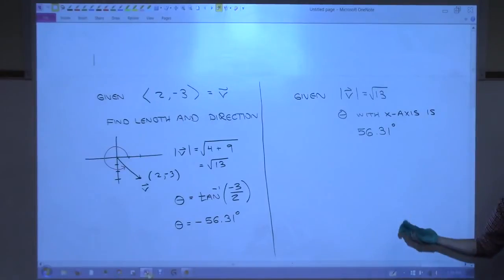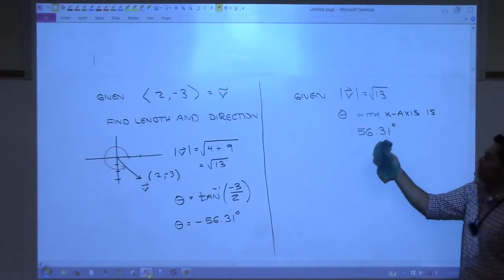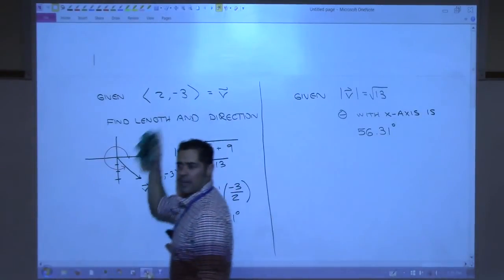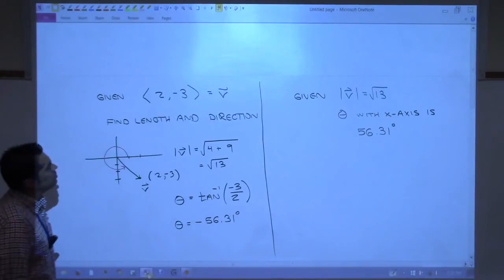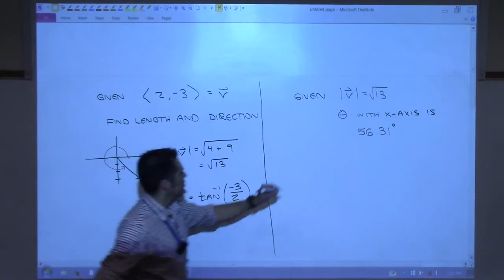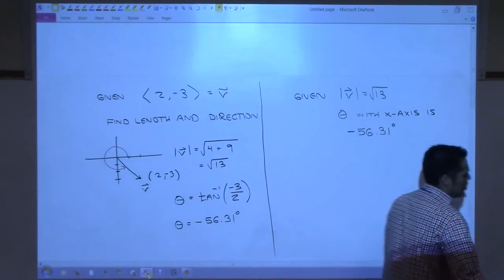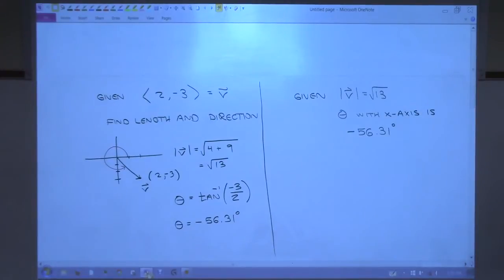It's the opposite information, right? So how are you going to go back? How are you going to go from this back to this vector, 2, -3? How do you do it? Oh, I forgot to put negative. Thank you. I forgot to put negative. I want it to be the same place. So how would we go backwards?